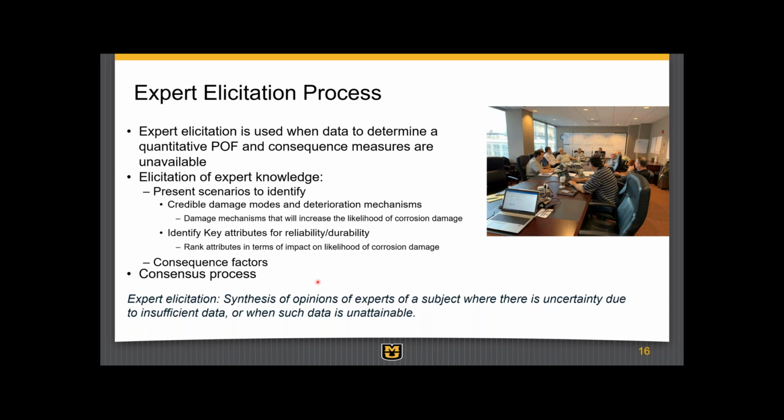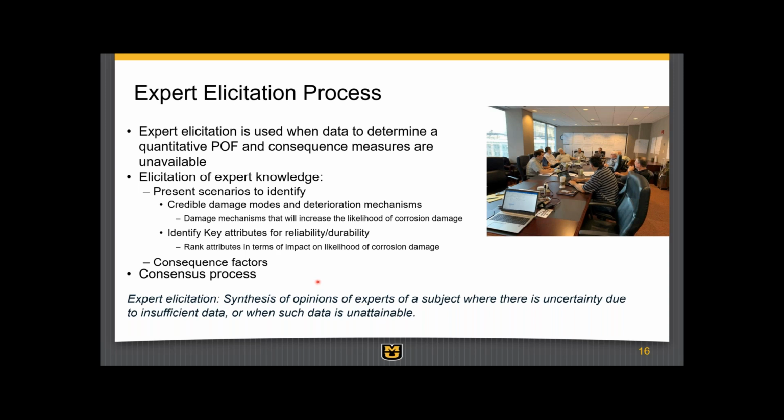We try to identify credible damage modes and the deterioration mechanisms. In this case, we really just have one damage mode, which is corrosion of post-tension tendons, and we try to identify key attributes for that, the reliability of those, then rank those attributes and identify what the consequence factors are. And it's really a consensus process.